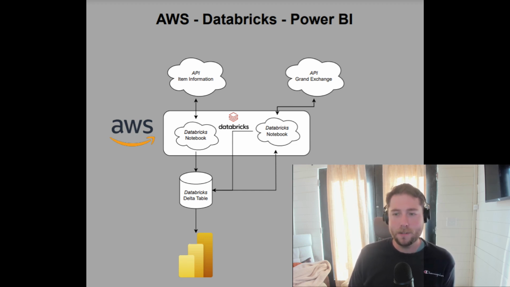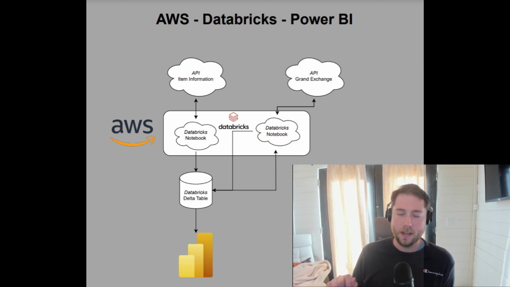Now, the reason why I'm using two APIs is because the item information API has the name and the item ID that I'm looking for, and the Grand Exchange API has only the item ID, but it has the price information and the date information.